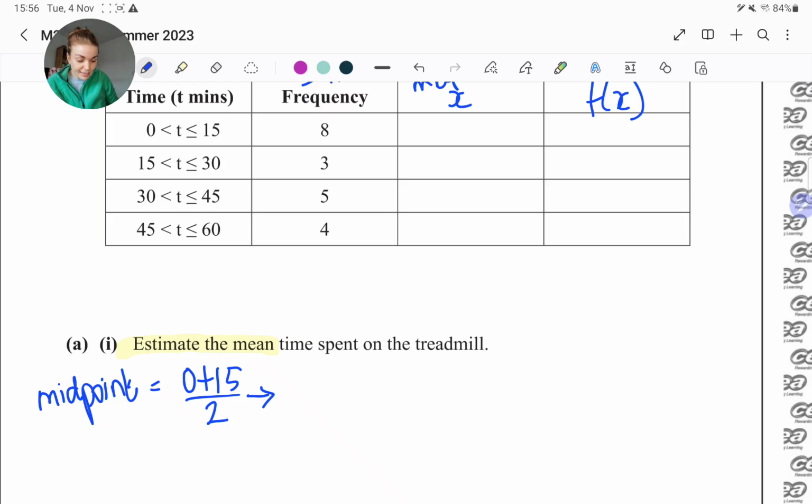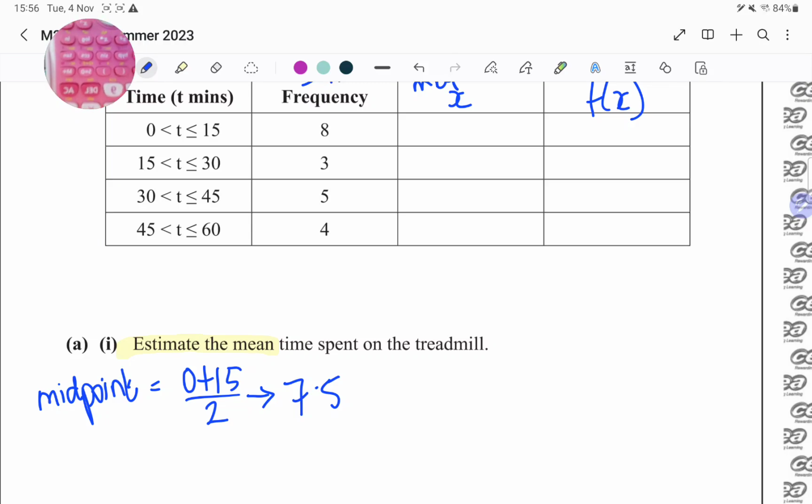So if you take your calculator, 0 plus 15 equals. Click that equals button after that so your calculator doesn't do any other shenanigans for us. Then divide by 2 and that gives you 7.5. I'm just going to show you in case you don't know how your calculator works. Hit equals, then divide by 2 equals, and it gives me it as a fraction.